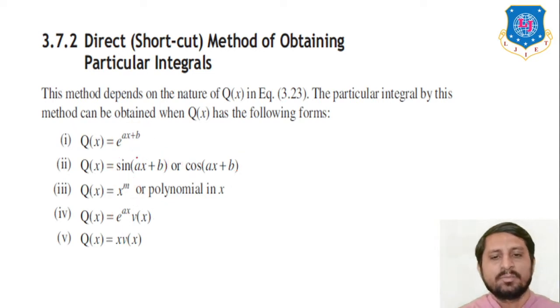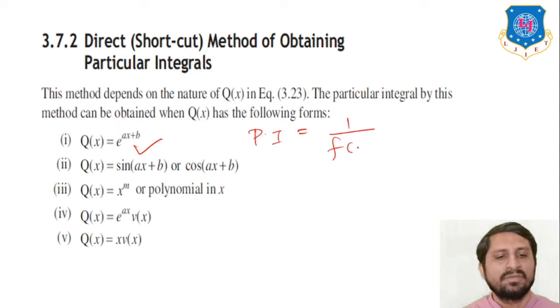Now suppose your first case, the particular integral is 1 upon f(D) into Q(x). And your Q(x) for the first case is e raised to ax plus b. In this case, we just assume e raised to b is a constant, so e raised to b stays as it is, and we have 1 upon f(D) into e raised to ax.